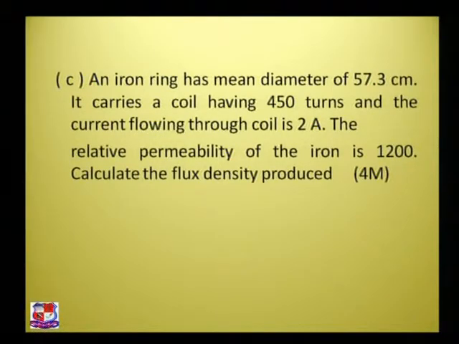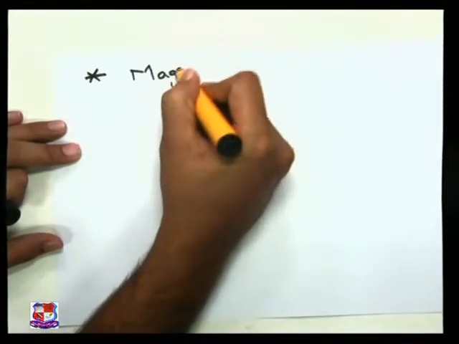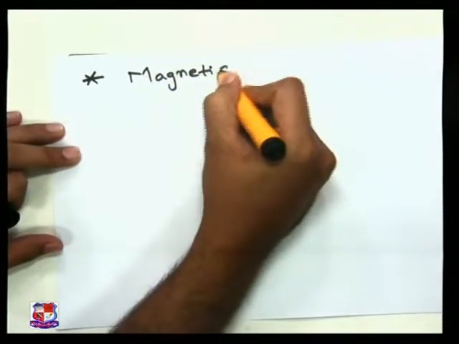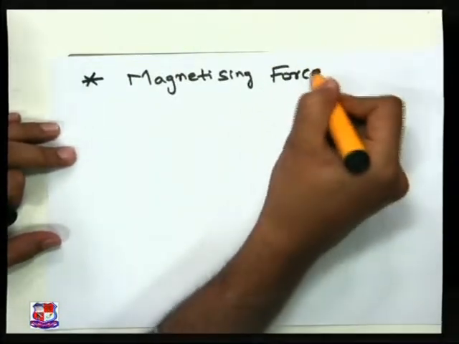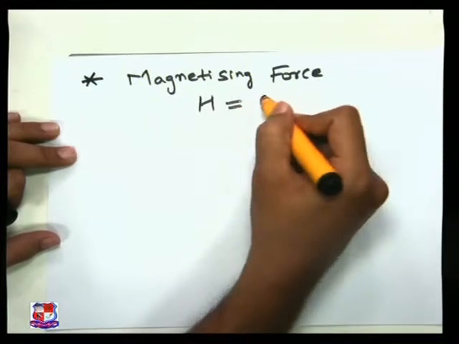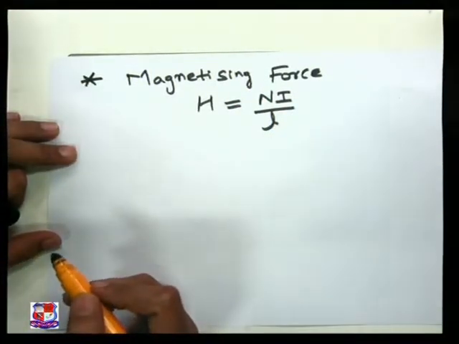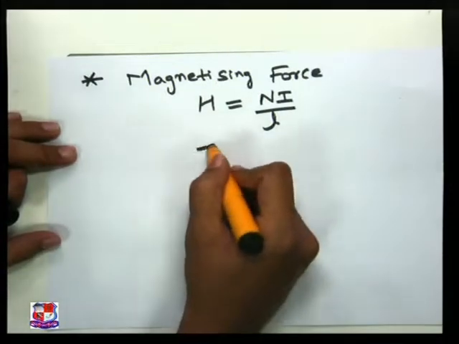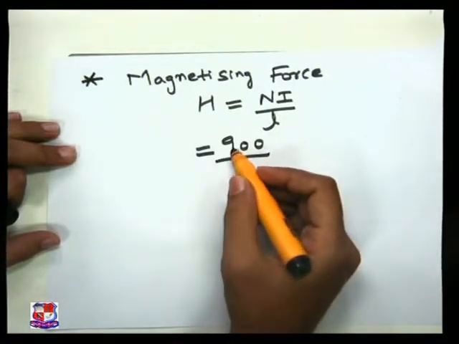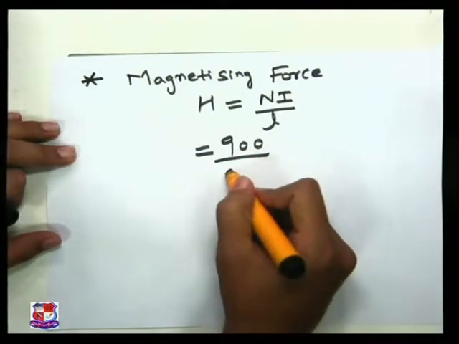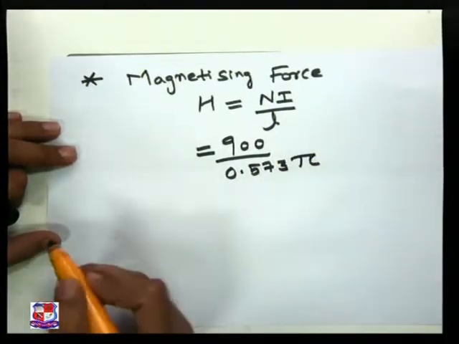Now there is one more equation which relates magnetizing force. It is denoted by H, it is given by Ni by L, right? Ni we have already calculated, that is 900, and L, that is the mean length of the iron ring that we calculated, was 0.573 pi.